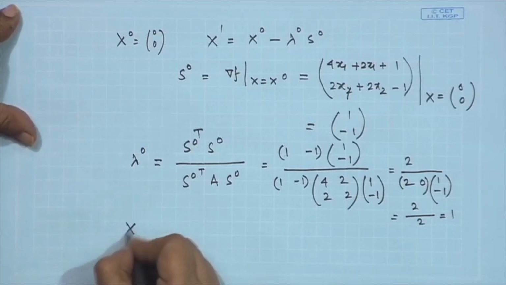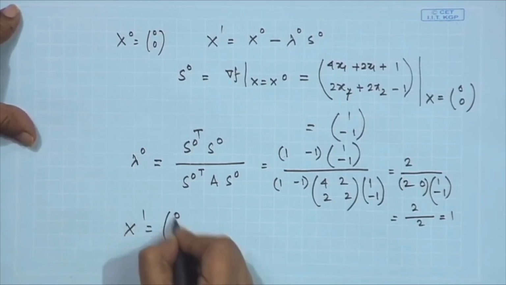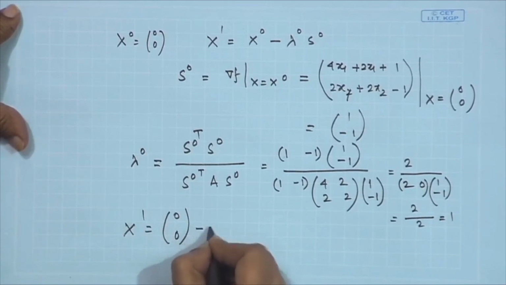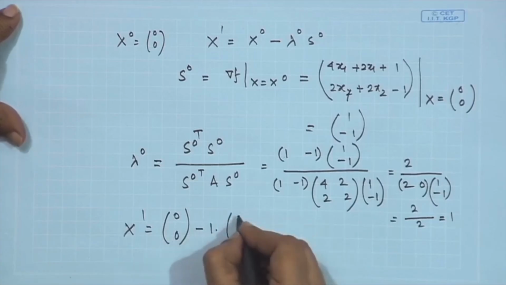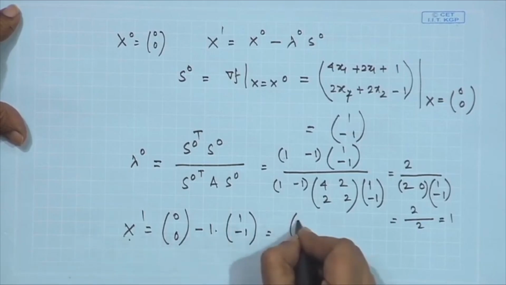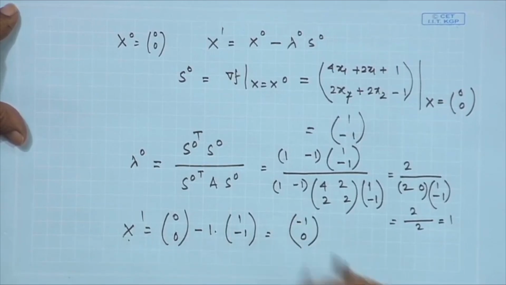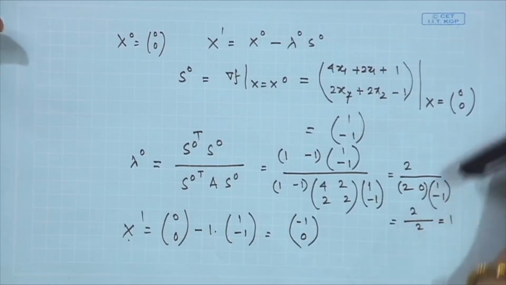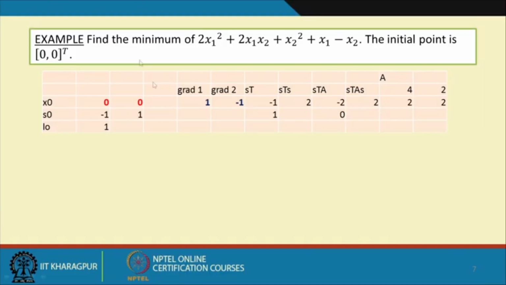Therefore, my next x1 would be equal to (0, 0) minus 1 into (1, -1). That is why my next x1 is (-1, 1). Clear? This is the calculation for you. Now, this calculation I have done through Excel.